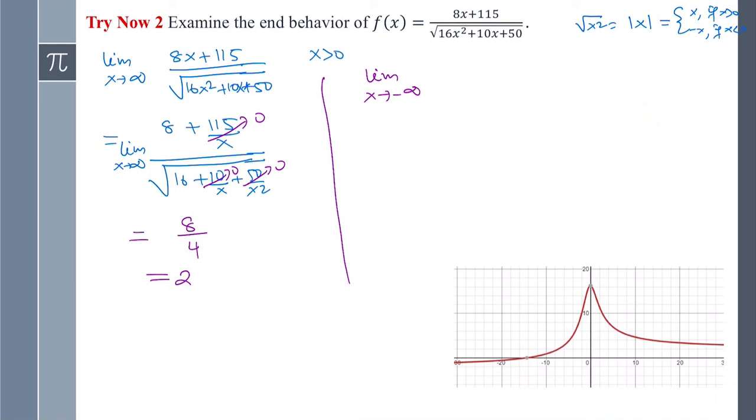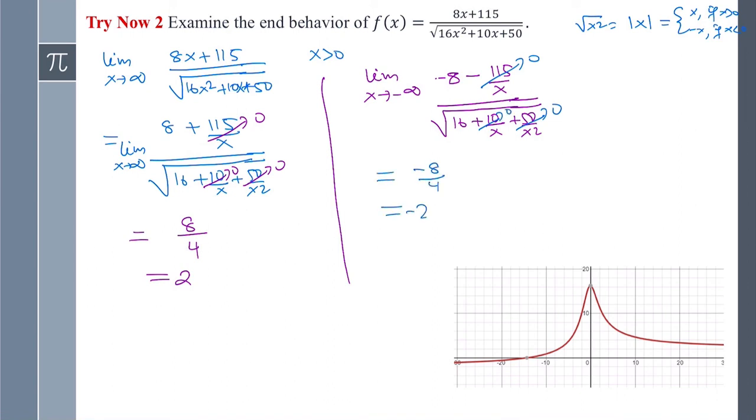So when we do that, we get negative 8 minus 115 over x. And in the denominator, we divide by x squared. So this is 16 plus 10 over x plus 50 over x squared. And then when we take the limit, this approaches 0, this approaches 0, this approaches 0. So we have negative 8 divided by 4, which is negative 2.